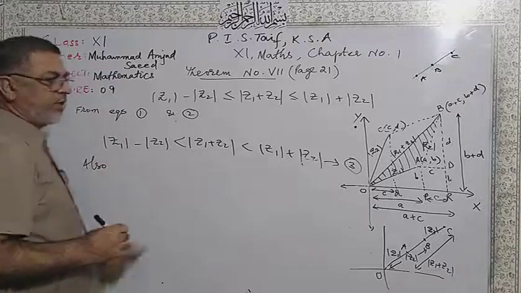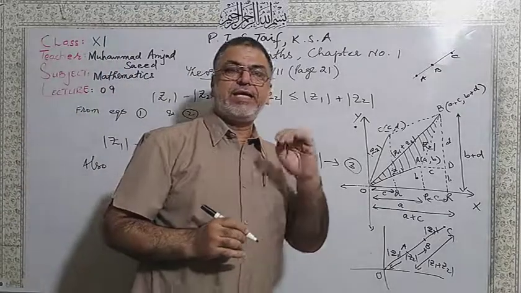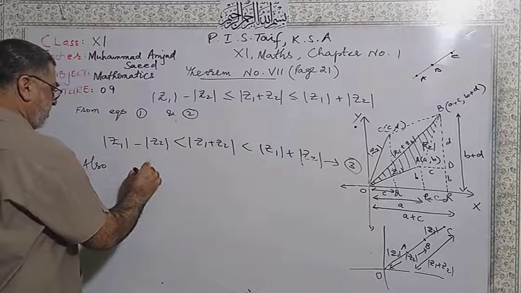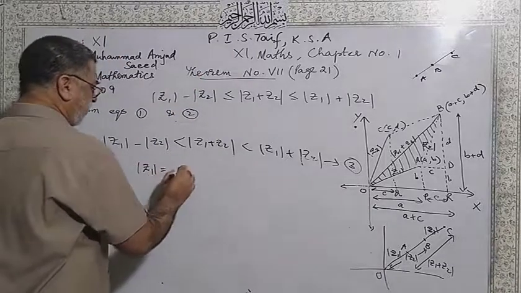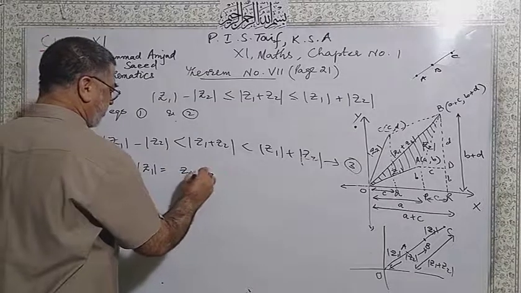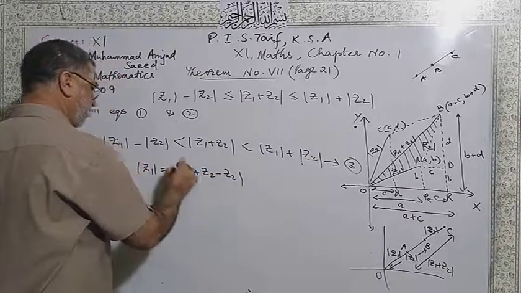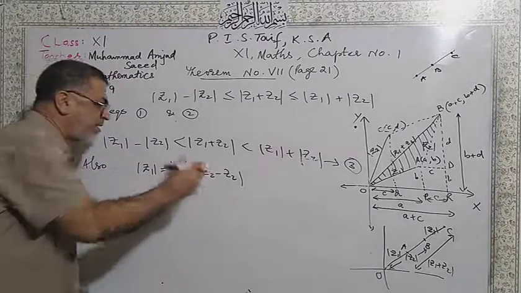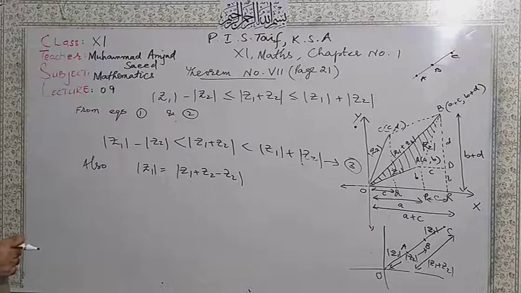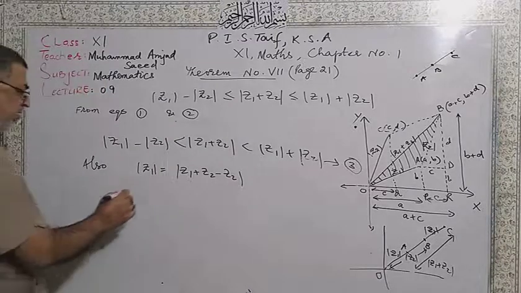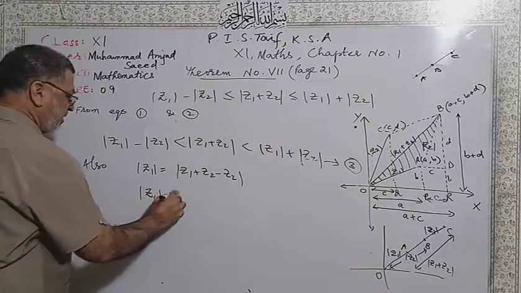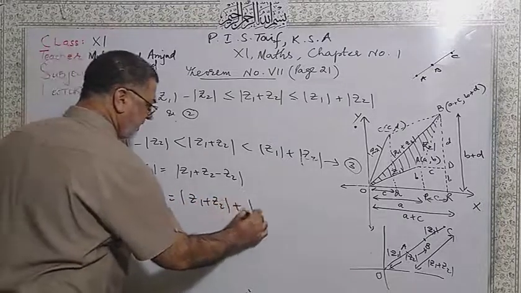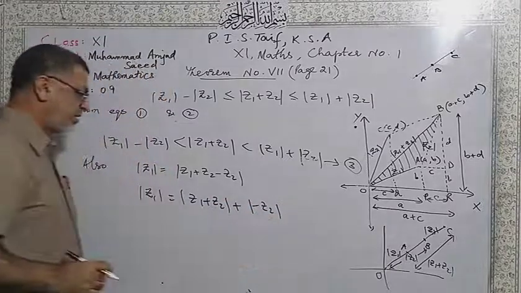Also, I want to bring the less than and equal to inequality both at the same time. Here |Z1| can be written as |Z1 - Z2 + Z2|. They are equal because they can be cancelled out. After that, |Z1| can be written as |(Z1 + Z2) + (-Z2)|.